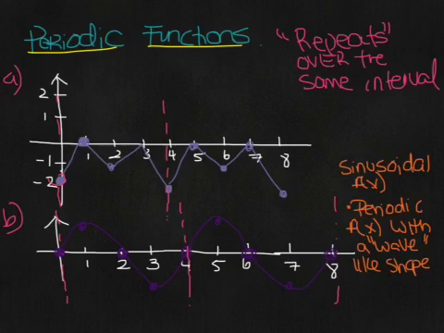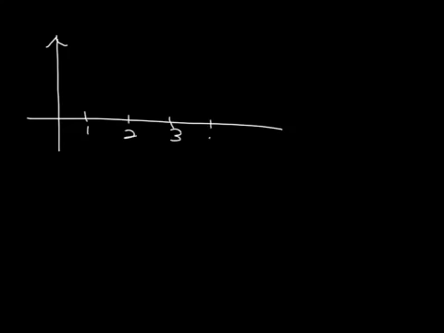Okay, so now we're going to take a look at examples of functions that are not periodic. Let's say we have the following graph. This is 1, 2, 3, 4, 5. Let's extend this down a bit.